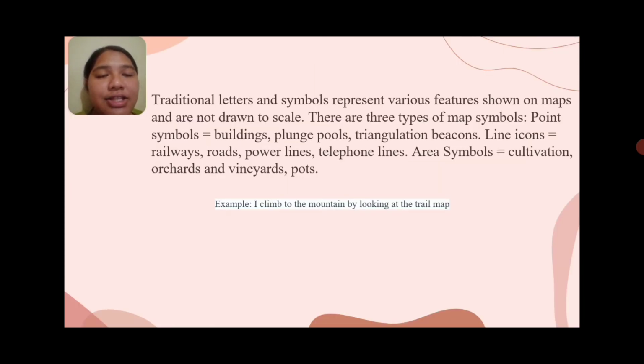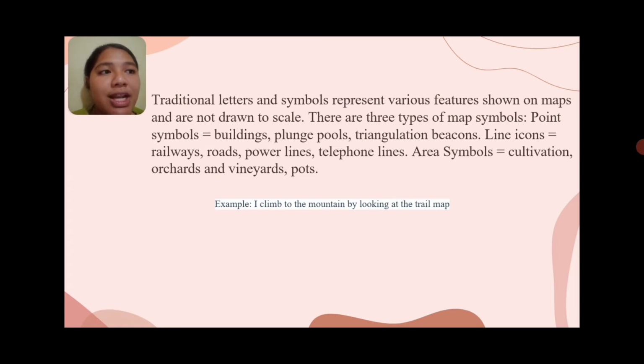Traditional letters and symbols represent features shown on maps and are not drawn to scale. There are three types of map symbols. Number one is the point symbol, for buildings, pool gates, poles, triangulation and beacons.